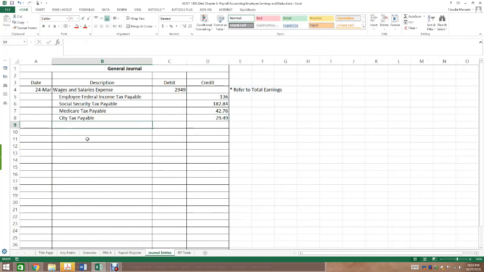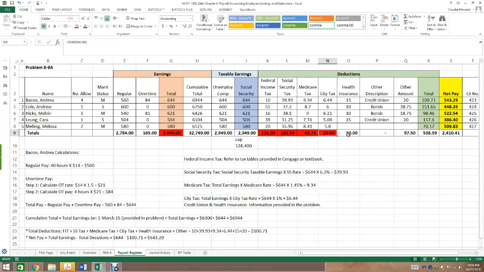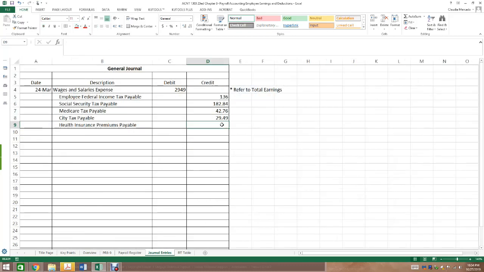Now we have our health insurance premiums payable. This is how much we have to pay the insurance that covers our employees for health insurance. So we're going to look at health insurance, and we're going to pay $50.